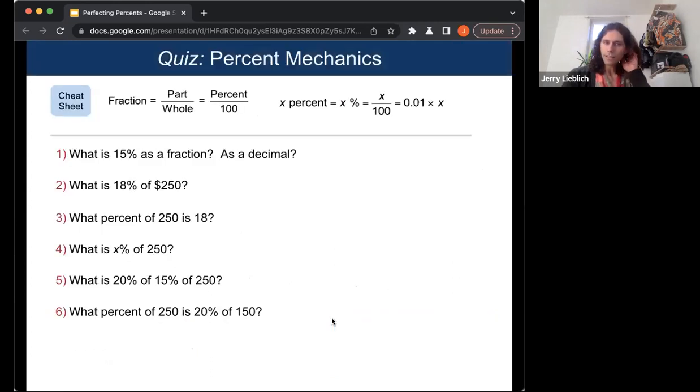But for now, I've got a little bit of a mechanics quiz for you to try. I've got the formulas up here. We've got the percent over 100 is the part over the whole. And keep in mind, any percent can be written as that thing, whether it's a number or a variable, as that over 100, or as 0.01 times that number. So try these out. Don't send me your answers, but let me know if you're done, and let me know if you get stuck on anything.